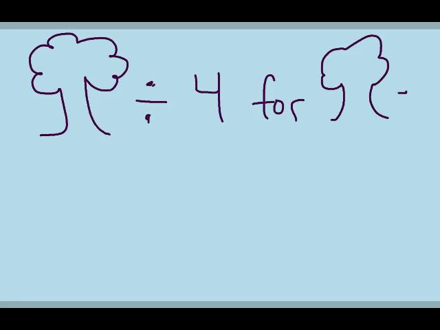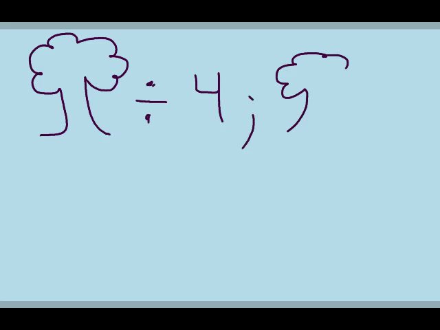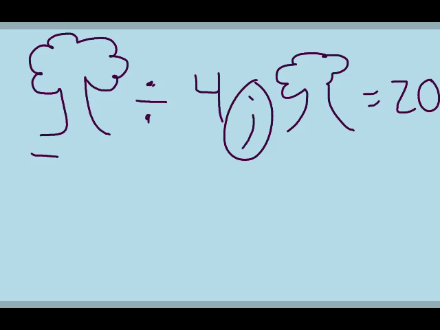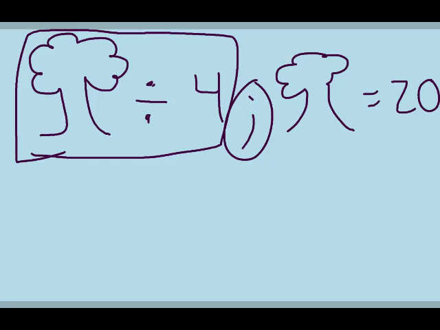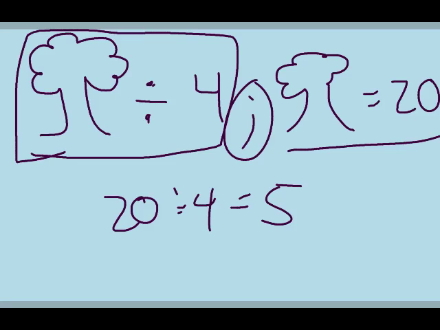Another way to write that, rather than putting the word 'for,' they might just put a comma or a semicolon or something and then just say tree equals 20. This semicolon means the same thing as 'for tree equals 20.' They're just saying this is still the original variable expression, and now they're telling you what the variable is holding the place of. So now I plug it in, 20 divided by 4, which is, of course, 5.